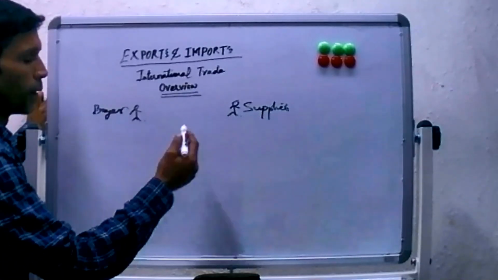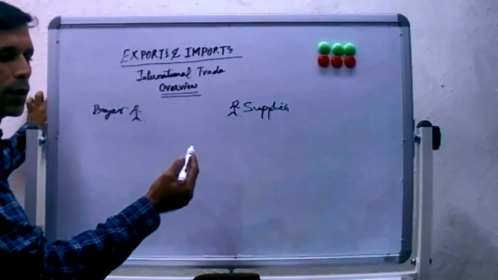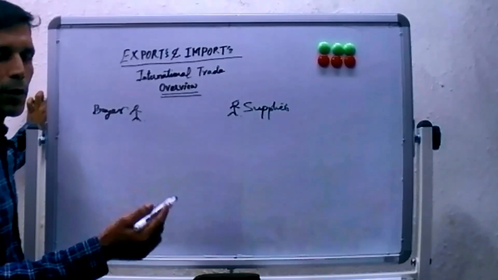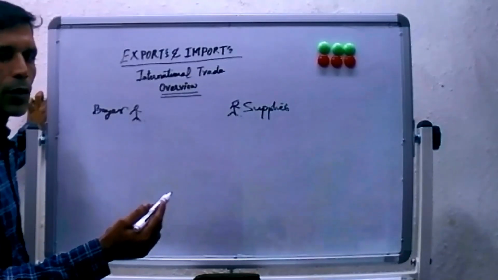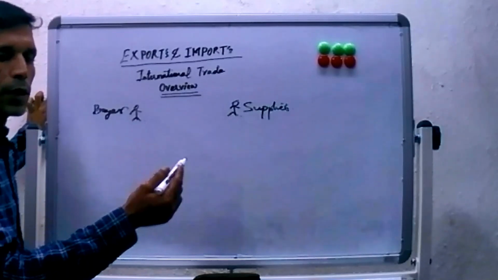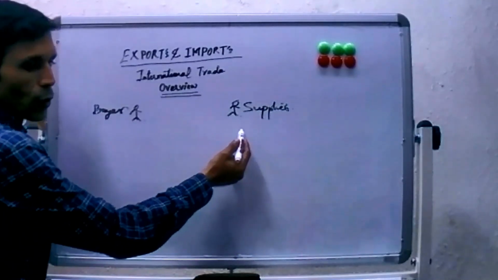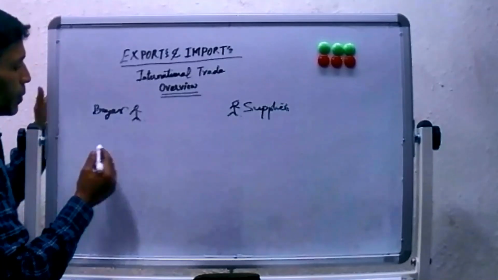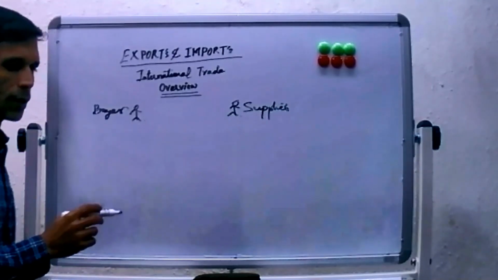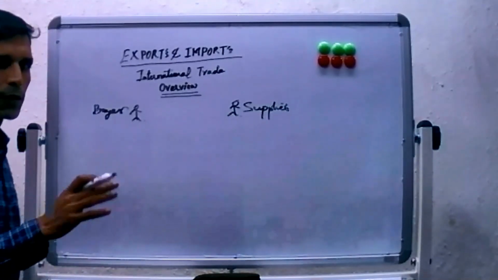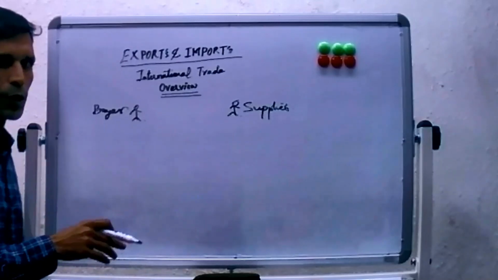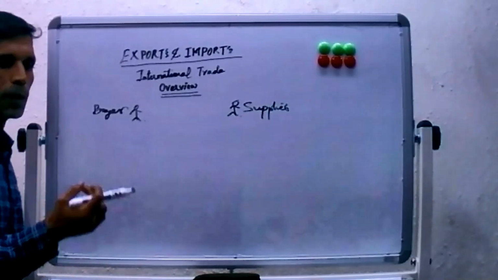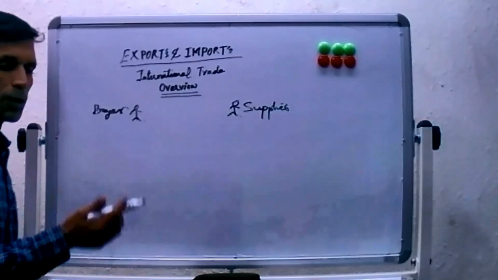The supplier will sign this confirmation and agree to provide the 100 tons of sugar to the buyer within a time frame. Let us say the time frame is 60 days for the production of the sugar, and for packing and everything, to reach the buyer by sea on the basis of FOB or CIF.